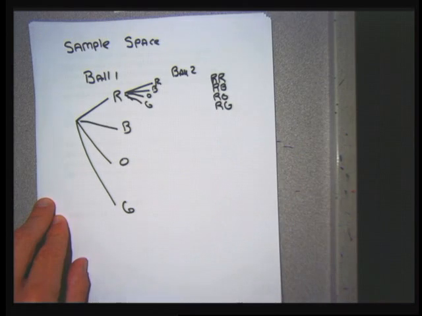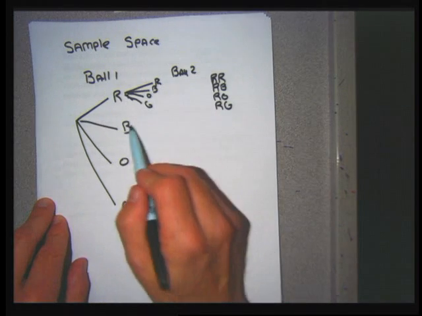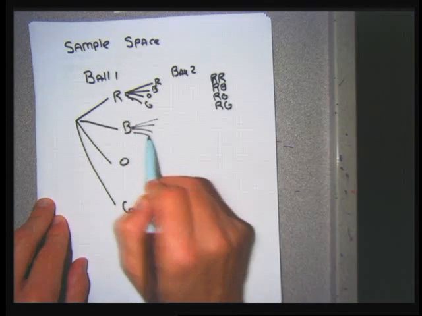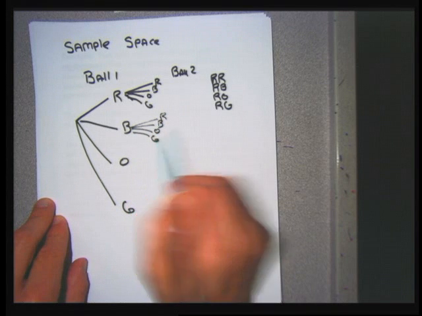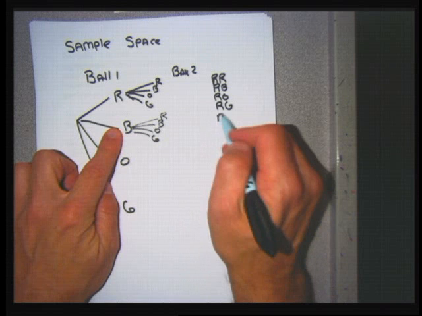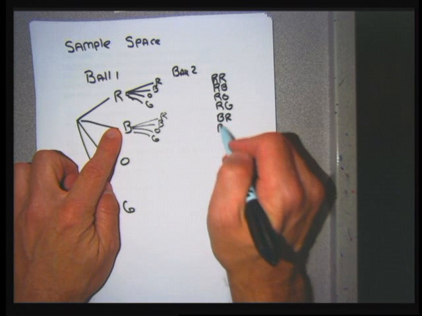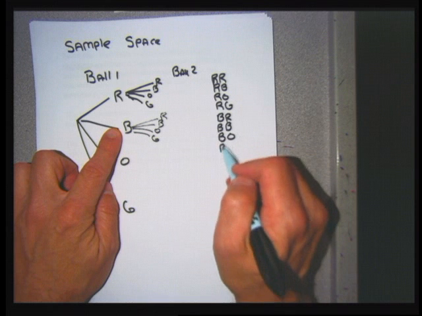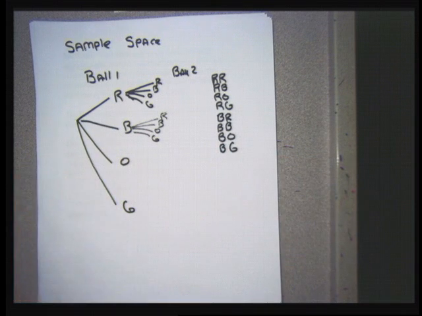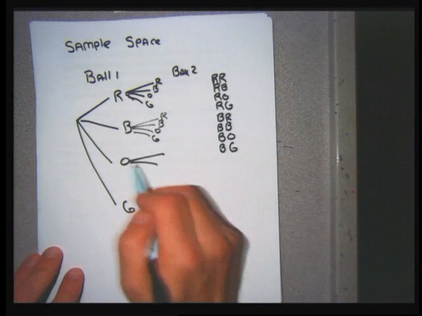I'm going to do the same thing from the blue. I'm going to make the 4 lines from it, and put the same letters, red, blue, orange, green. And this would be getting a blue first and a red second, a blue first and a blue second, a blue first and an orange second, and a blue first and a green second. And then from the orange, do the same.